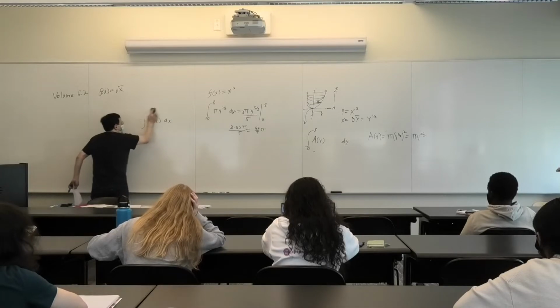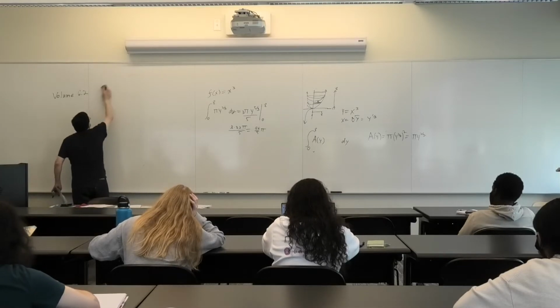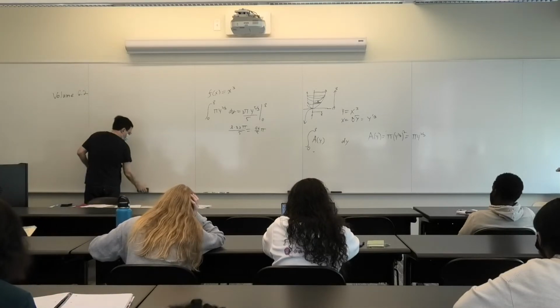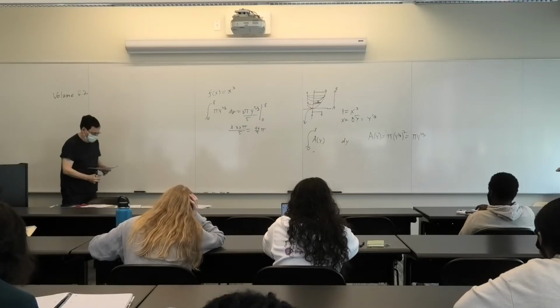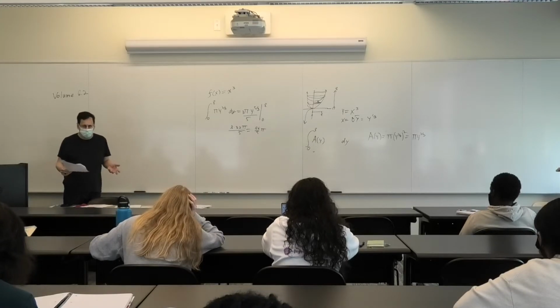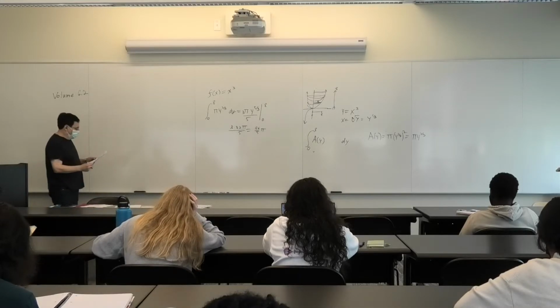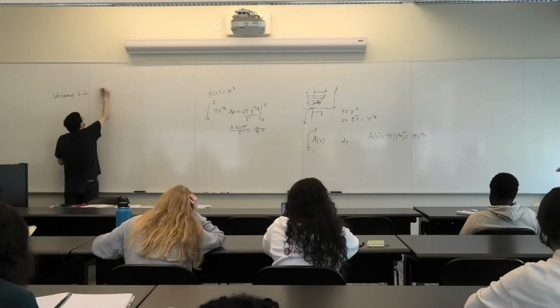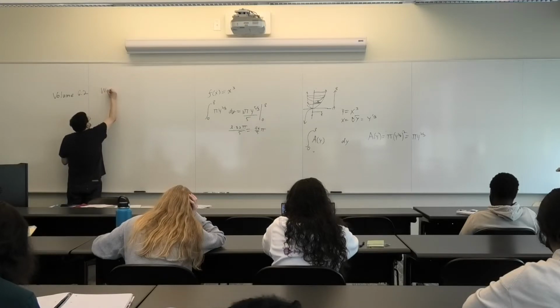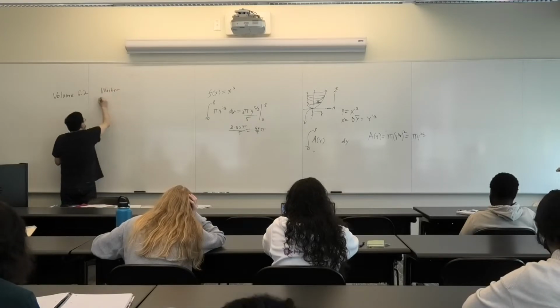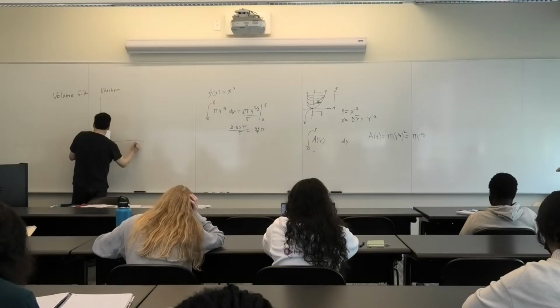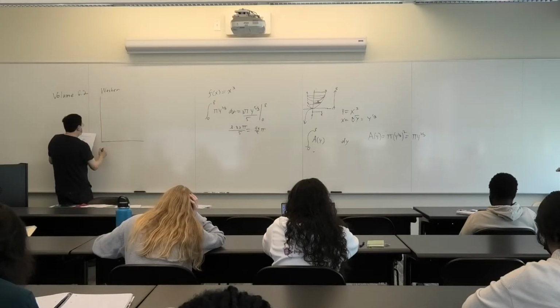There's one more kind of generic problem I'm going to go over. We'll do something that's kind of interesting. This problem is often referred to as a washer. So we have two curves here.